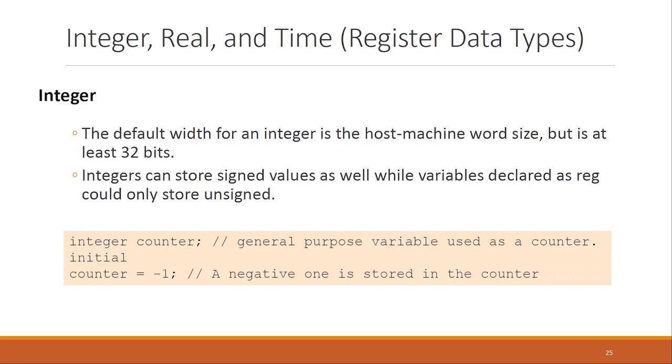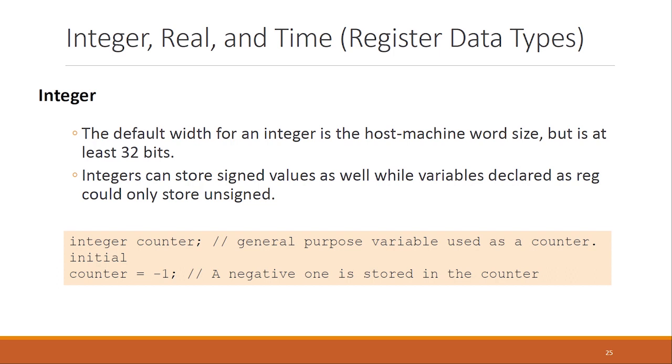Integers can store signed values as well, while variables declared as reg can only store unsigned. So when you declare a variable as reg data type, then it can store only unsigned values. But if you declare a variable as integer, then you can store signed values as well.